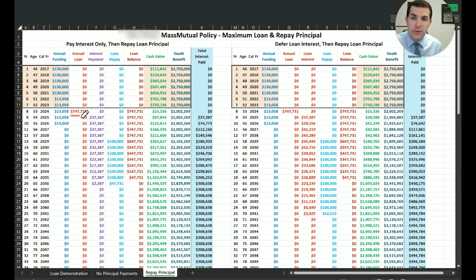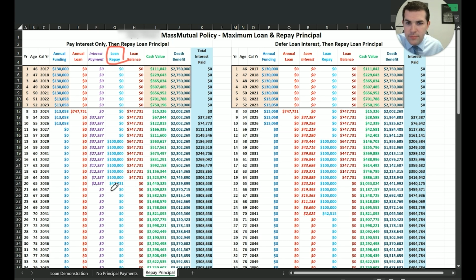So what we're doing here is assuming the max loan is taken, then you pay interest only. In purple are loan interest payments, and in light blue are principal payments. So what you'll notice here, for 4 years, you're paying interest only, and then you begin to attack the loan principal with $100K per year. And again, it can be any number.